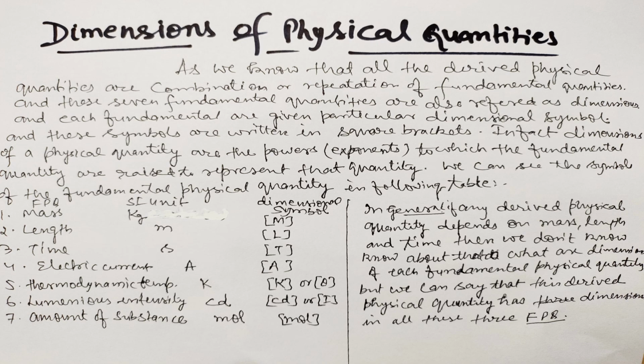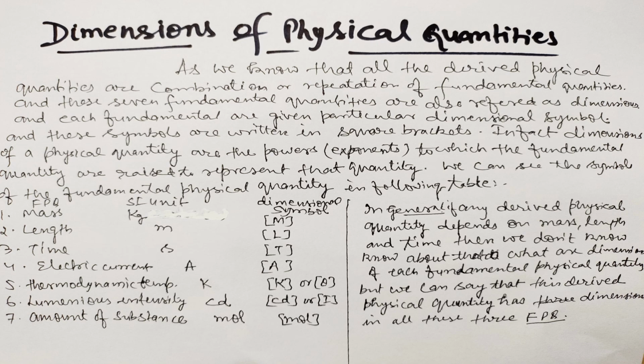The SI unit of mass is kilogram, and the dimensional symbol is given in brackets, that is [M]. We always write this dimensional symbol in a bracket. The SI unit of length is meter, and the dimensional symbol is [L]. The time SI unit is second, symbol s, and the dimensional symbol is [T].